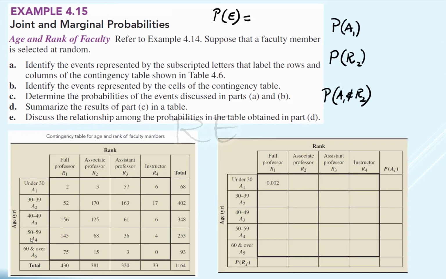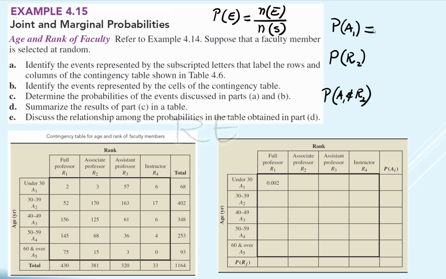Different kinds of probability can be calculated. You need to realize that A1, A2, A3, and so on are mutually exclusive, so are R1, R2, and R3.